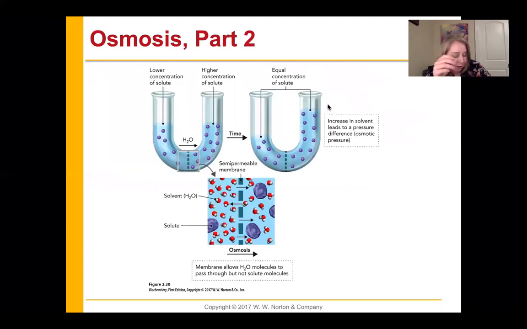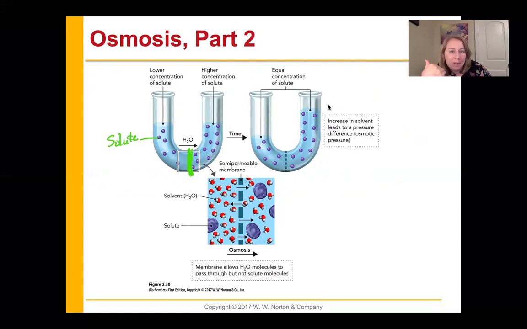So here's a little tube, right? And we're going to fill it with water. And if we have equal concentrations of these solutes, so here's a solute, these little purple dots. And here's our semi-permeable membrane right here. We're going to let the water through, but we're not going to let the solute through.